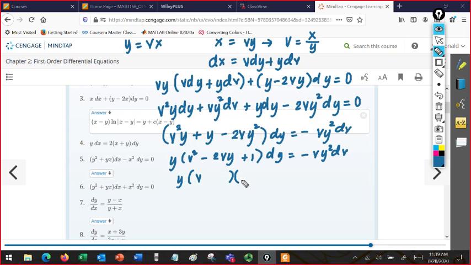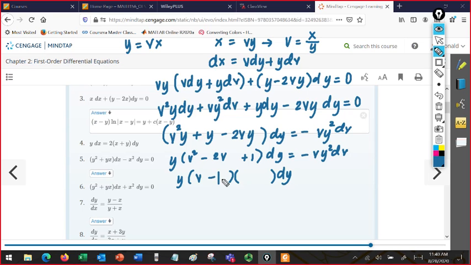Parang sumobra. Ayun, ito pa yung isa. Kaya pala, wala dapat to, wala to, then wala. So, v minus 1.